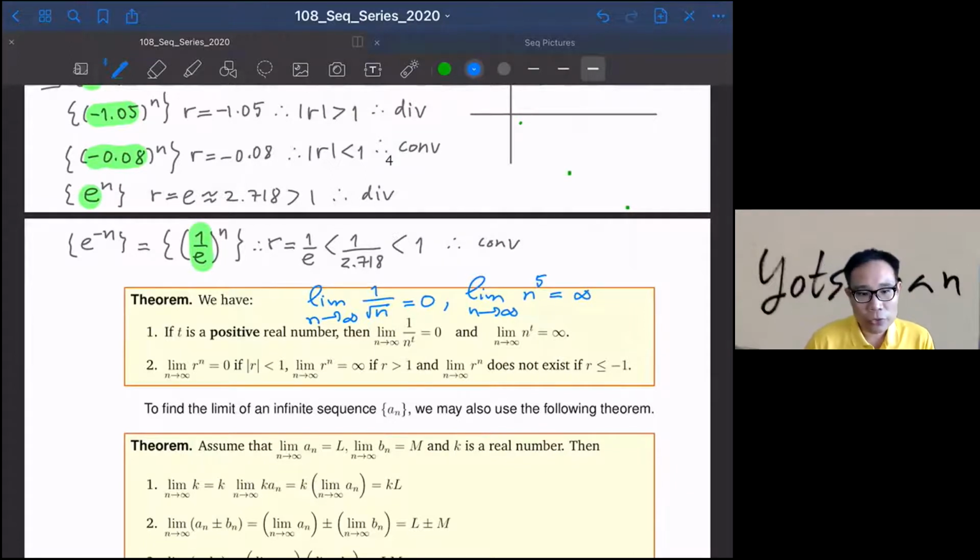And number 2, we are discussing the limit as n goes to infinity of r to the n. It's going to turn out to be 0 when you have the blue case, the blue case that we have up there.